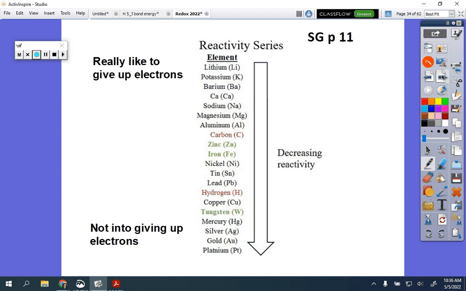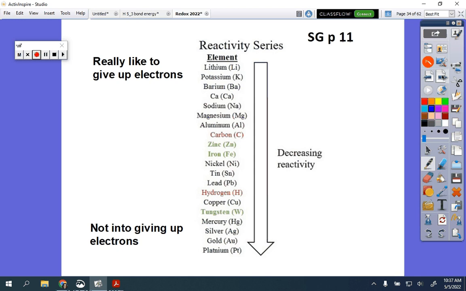Number 25 in your data booklet on page 24 has the activity series. So if you're being asked to do anything with it, it will be referenced by your data booklet. You only, well, no, there will be paper one questions, but they won't require you to have the activity series.